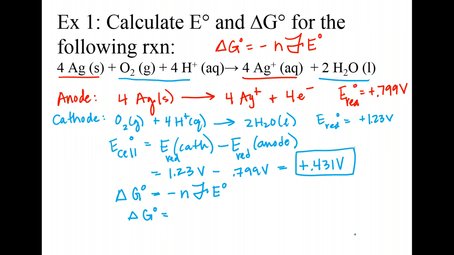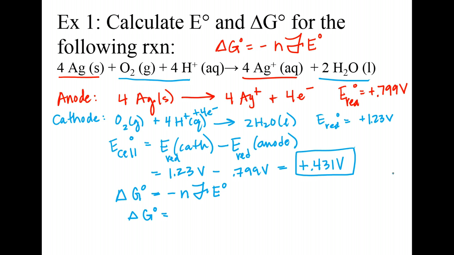If you look at each of these half reactions, the anode has 4 electrons being lost, and the cathode has, oh, I guess I forgot the electrons in there. Oops. Sorry about that. Has 4 electrons being gained. Now some students will add those together to get 8 electrons transferred, but that's not the case. Remember, one reaction is losing and one reaction is gaining, and either way you look at it, it's 4.